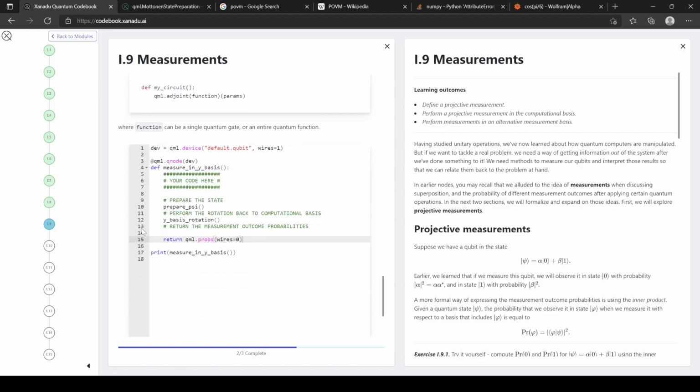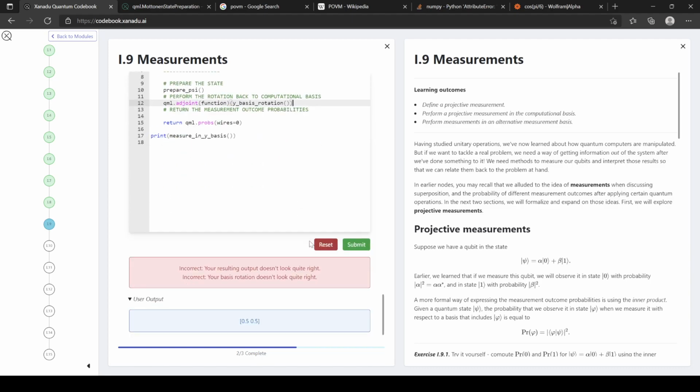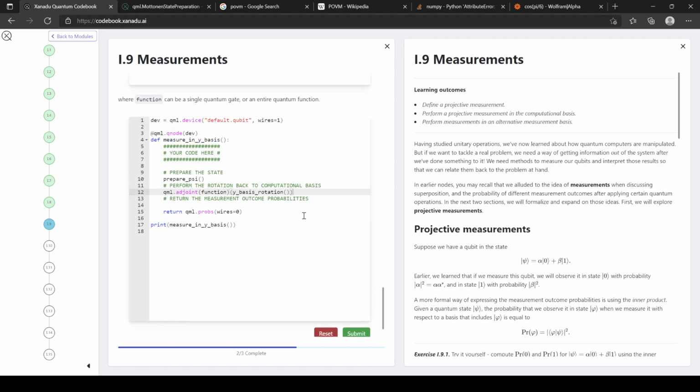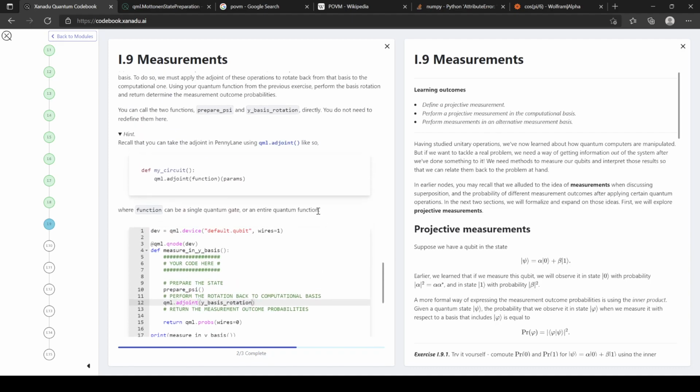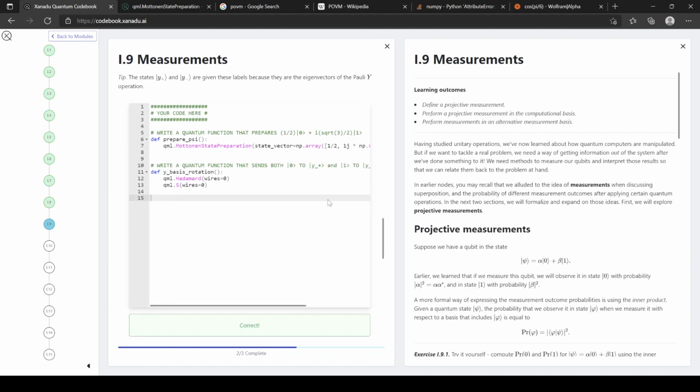We want to do the adjoint here. Oh, oopsies. No, that's not what we want to do. Let's see.